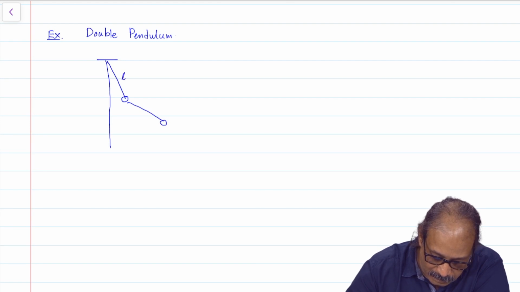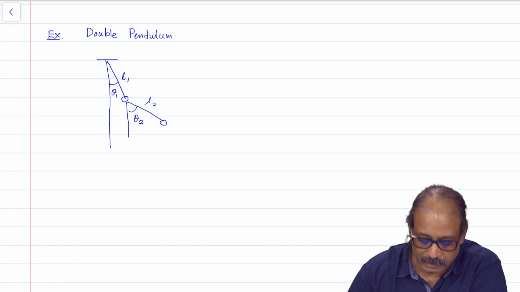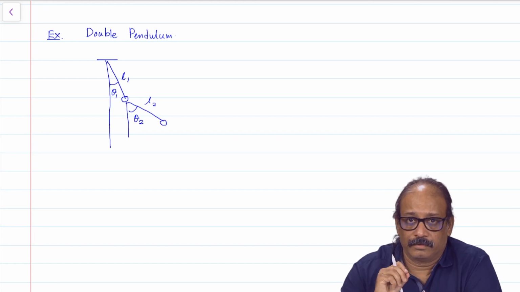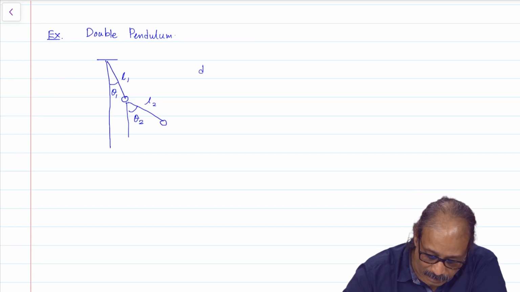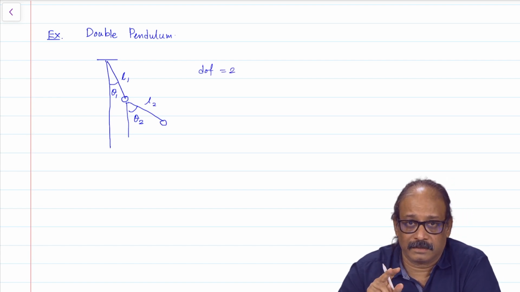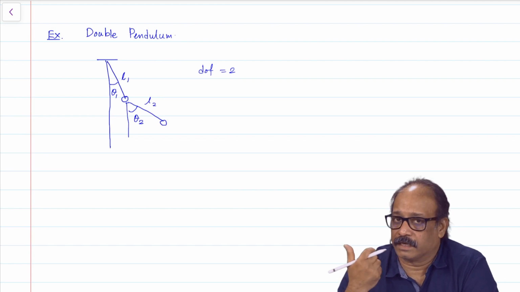So, let us say this length is L 1, this length is L 2 and this angle here is theta 1, this angle here is theta 2. There are 2 masses moving in 2 dimensions. Without constraint, the configuration space would have been 4 dimensional. With constraint, now the number of degrees of freedom are just 2, because there are 2 holonomic constraints here. One is the length of the first pendulum is L 1 and the length of the second pendulum is L 2.